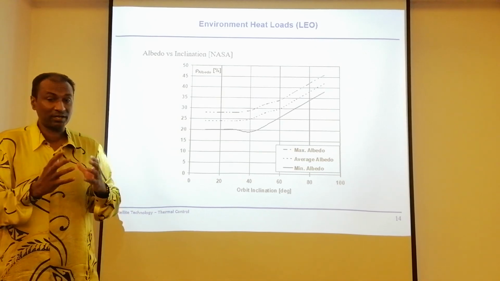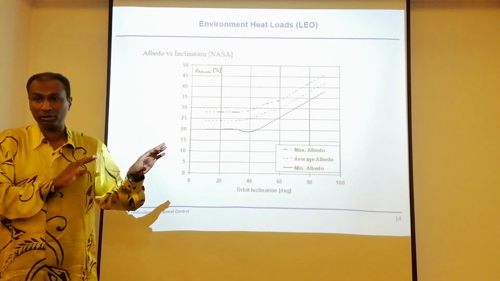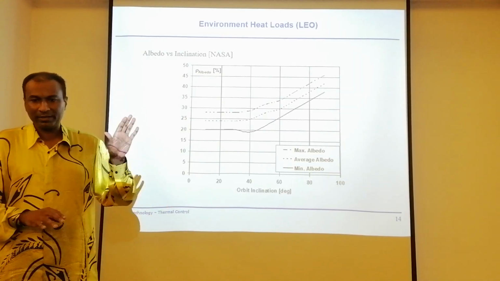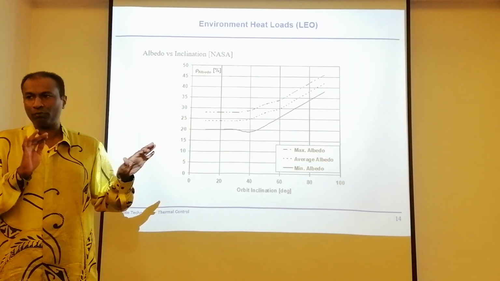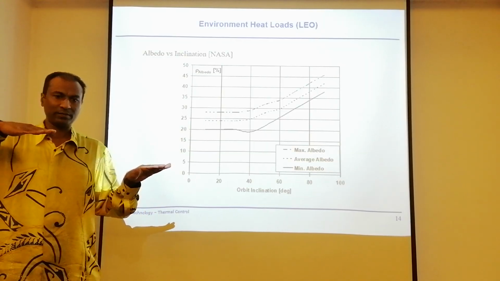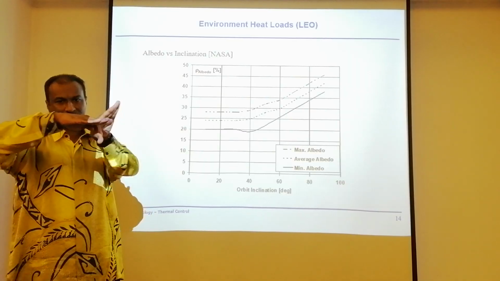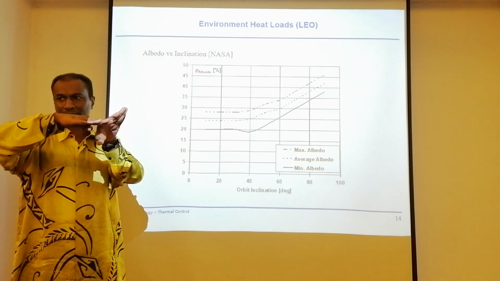You will try to design an orbit with respect to the equatorial plane. So what I'm saying is that the equatorial plane of planet Earth is tilted about 23.4 degrees with respect to the elliptic plane. So the elliptic plane belongs to the sun. The equatorial plane belongs to planet Earth.